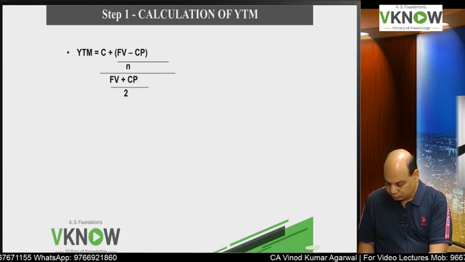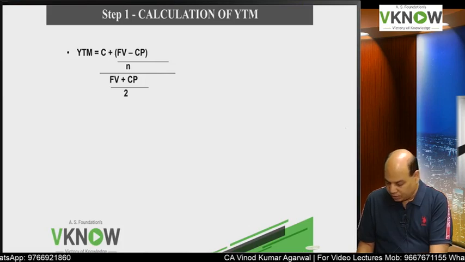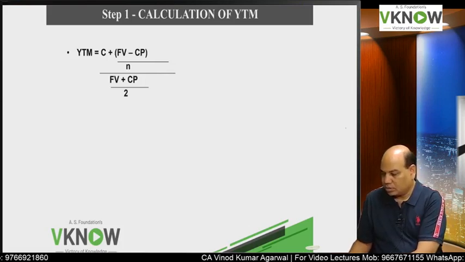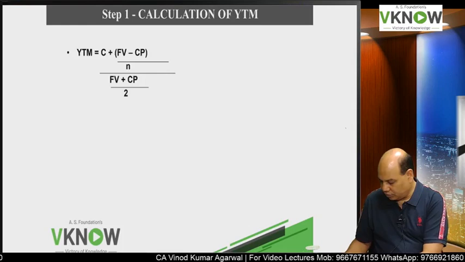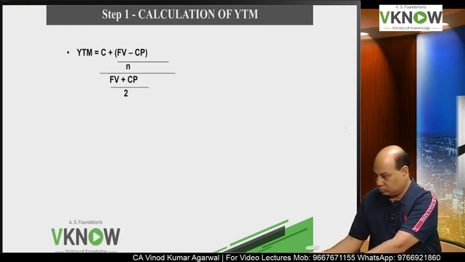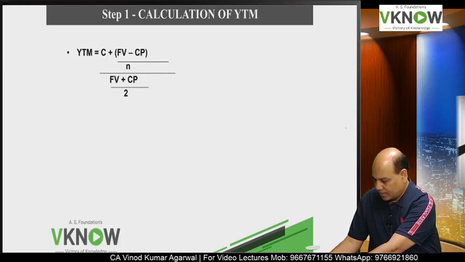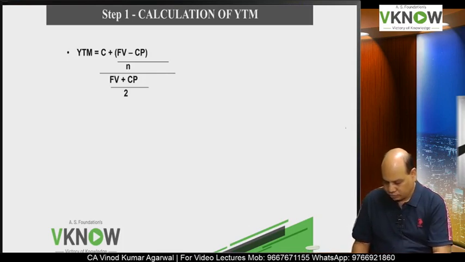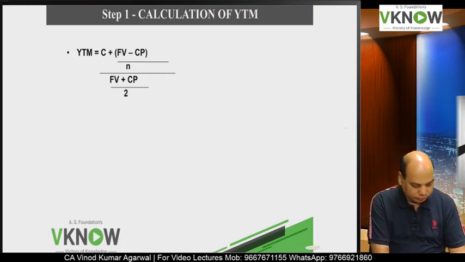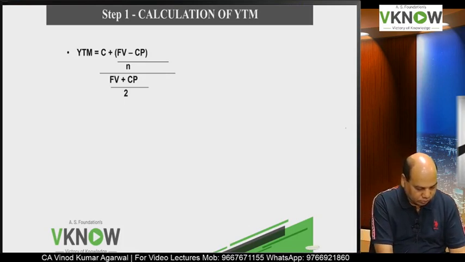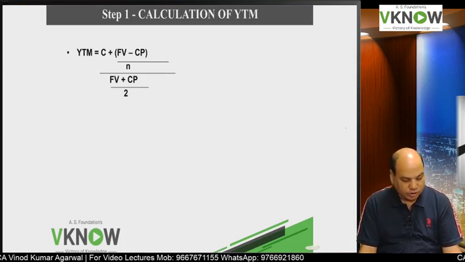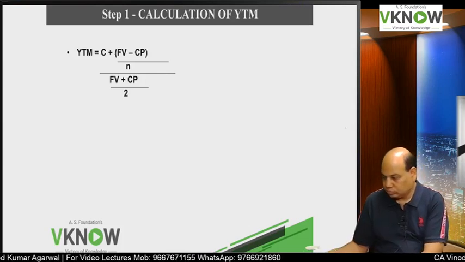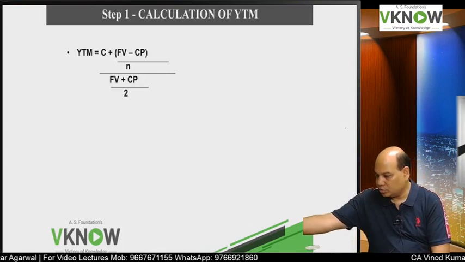YTM is equal to C plus FV minus CP upon N, upon FV plus CP by 2.